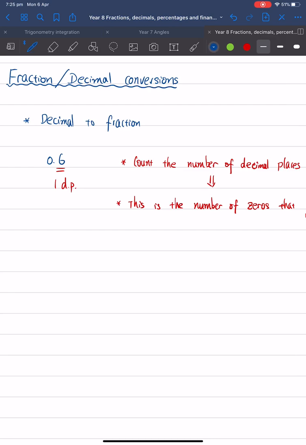If I want to convert 0.6 to a fraction, I'm just going to take the number 6 and divide it by 10, because 10 has one zero, and one decimal place means one zero.